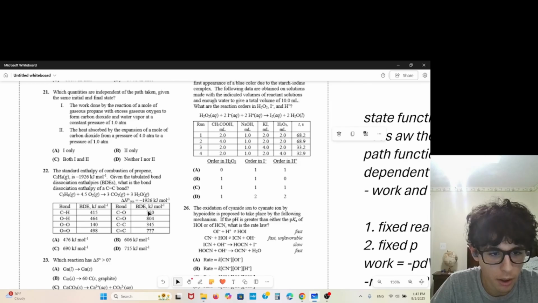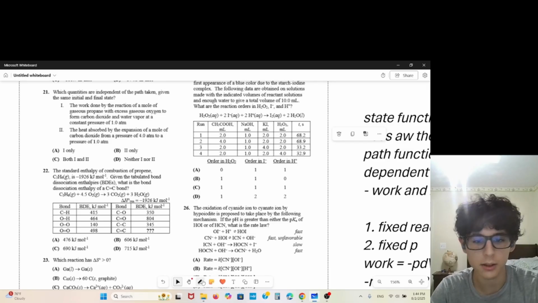It's 1 O-O bond. 498, perfect. 5076 plus X, and 3 times 2 times C double bonded to O, because that's CO2, plus 3 times 2 times 464, perfect. So now you're going to add 7608 to negative 1926. You get a value and subtract 5076, that's your X, so 606.